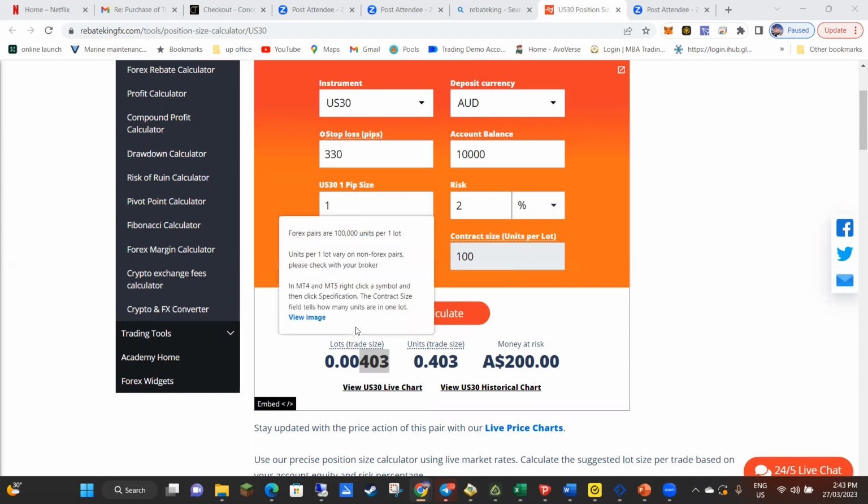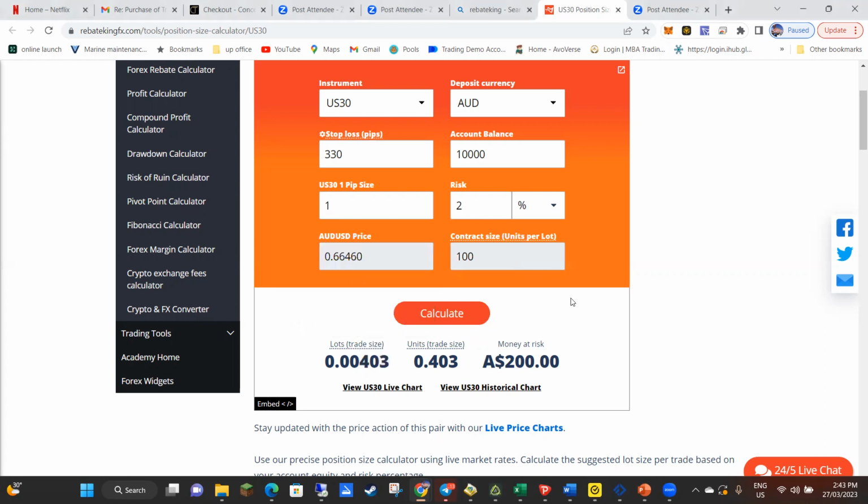So multiply that by 2%. So using Envy on a $10,000 account, the minimum risk I can incur is 4.9% per trade.